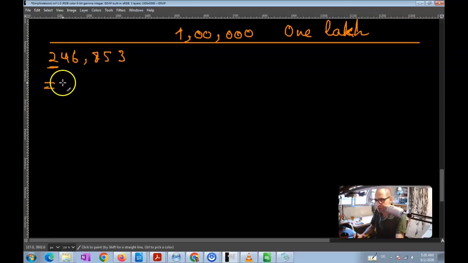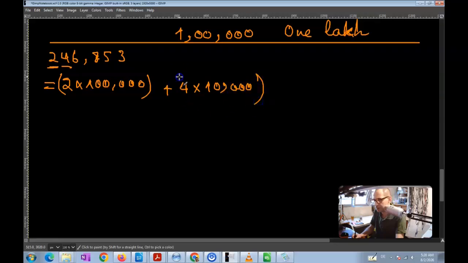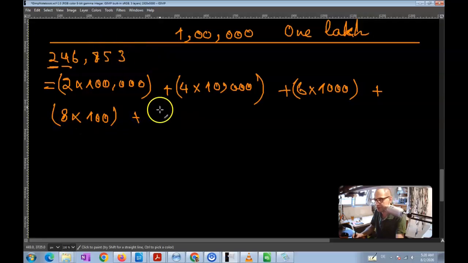So the expansion of this number would be 2 groups of 100,000 plus 4 groups of 10,000 plus 6 groups of 1,000 plus 8 groups of 100 plus 5 groups of 10 plus 3 groups of 1, right?